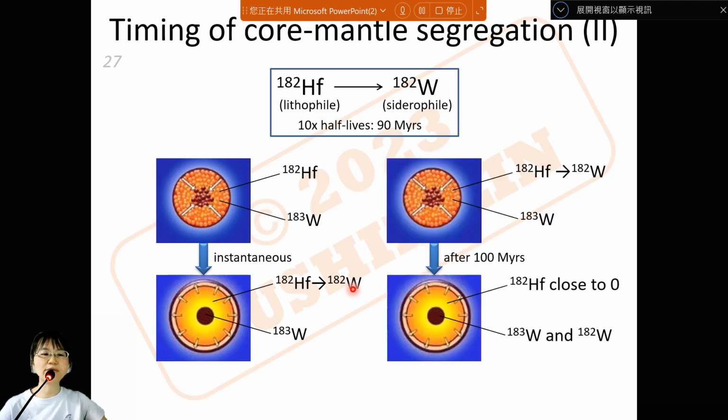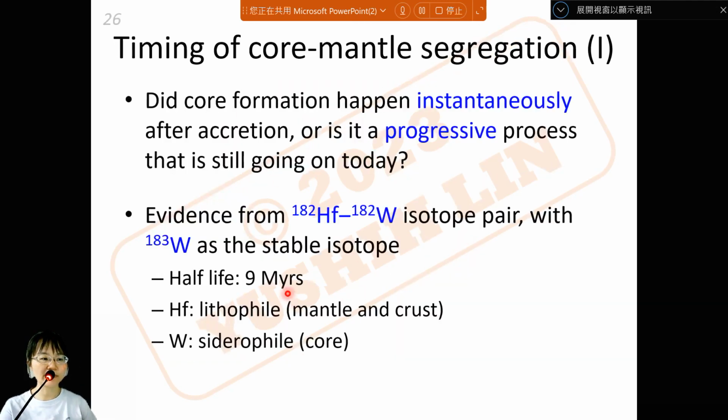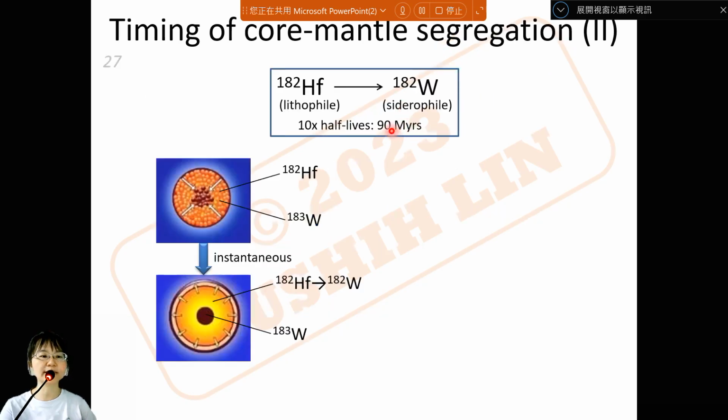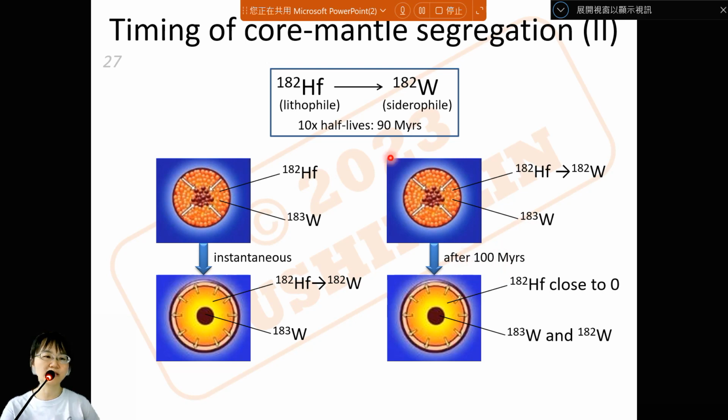The other scenario is at the beginning we have hafnium-182 and tungsten-183. This will decay to tungsten-182. If the segregation is a slow process, how slow is it? Longer than 10 half-lives. The half-life of this isotope pair is 9 million years, so we say 90 million years is the utility, so we give it a full number, 100 million years.